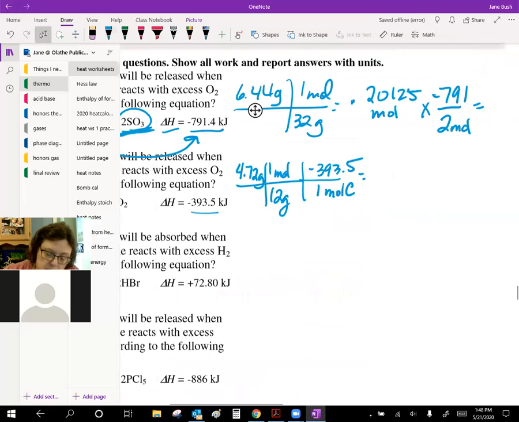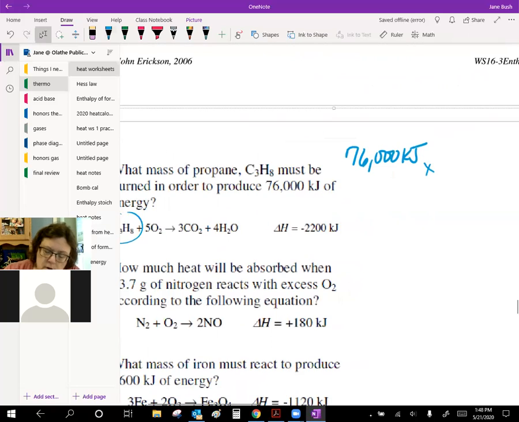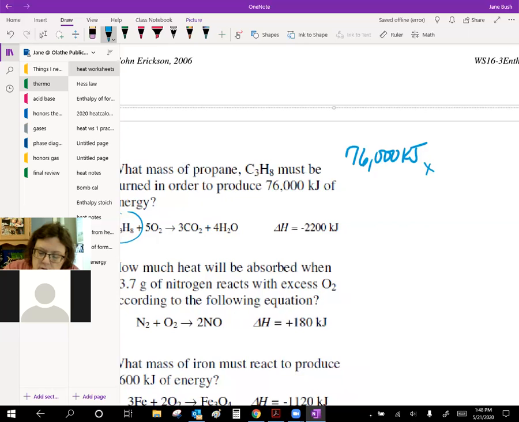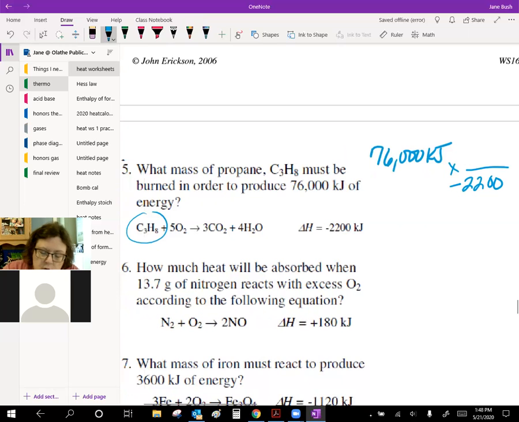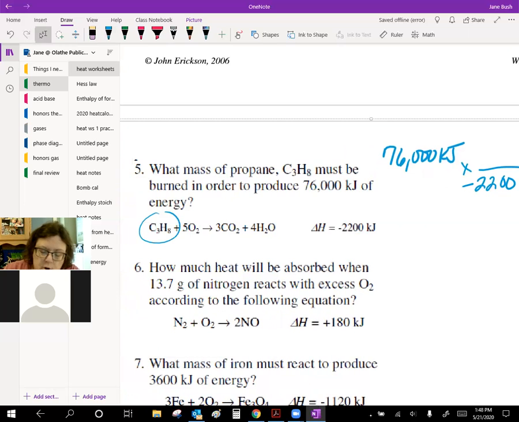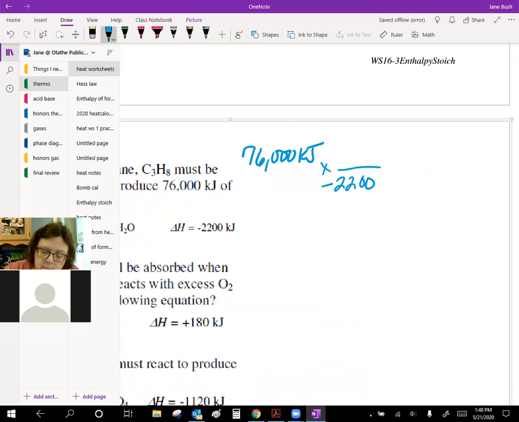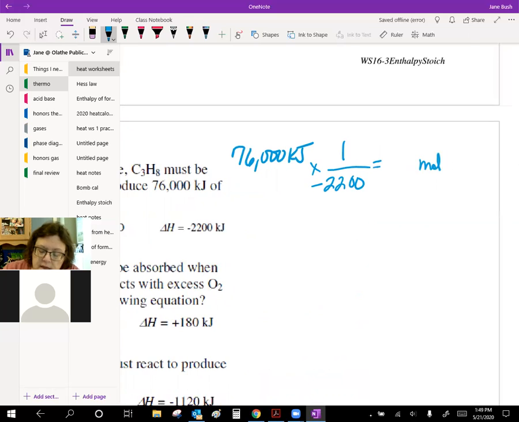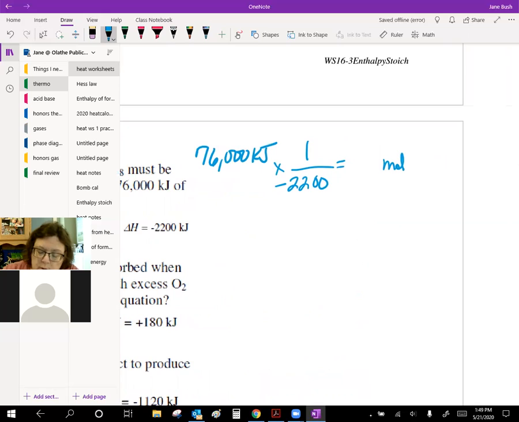We're going to multiply backwards. Come on, come on. So the energy, what's the coefficient in front of the propane? It's a 1. That's going to give us moles. And then we will multiply that by grams per mole of propane.